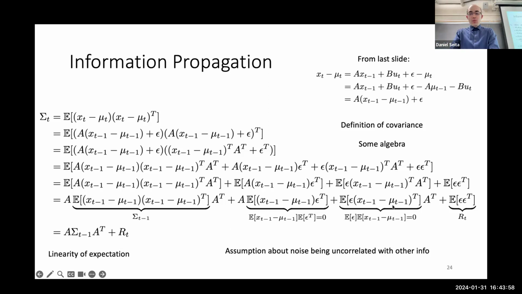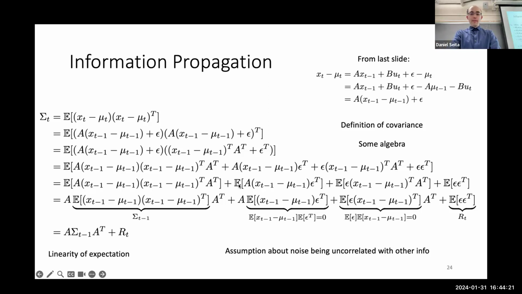The last thing is that we're going to make use of our assumption about noise being uncorrelated with other information. Again, this is an assumption that we're making for the model, and how well the Gaussian filter will work depends on how well the scenario naturally follows these assumptions.